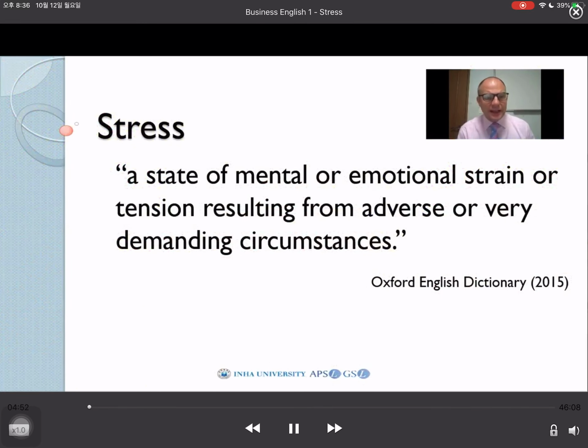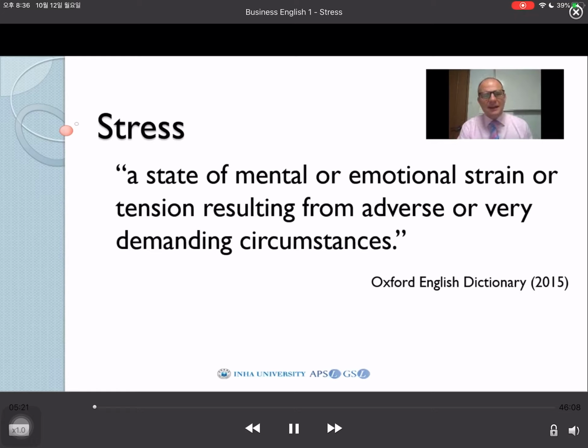The Oxford English Dictionary states stress is a state of mental or emotional strain or tension resulting from adverse or very demanding circumstances. So that's how the Oxford English Dictionary defines stress, and in this unit we're going to look at stress in relation to business, in relation to work environments.